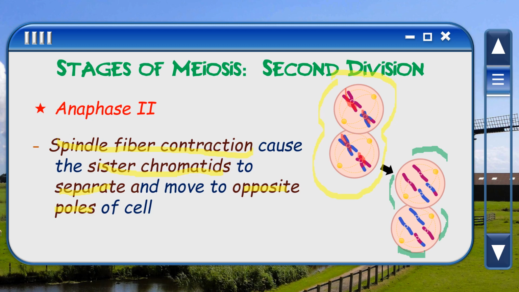So that's what we are saying: as the spindle fibers start contracting, moving away towards the centrosome, they are going to pull the sister chromatids. And when they pull, the sister chromatids are going to separate and start moving to opposite poles. That is in anaphase 2.